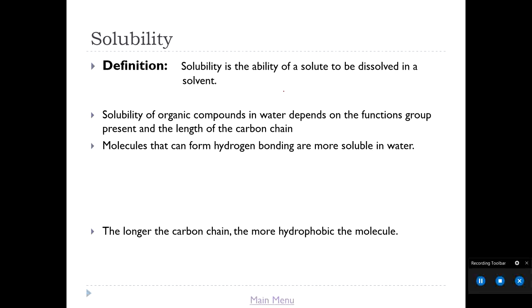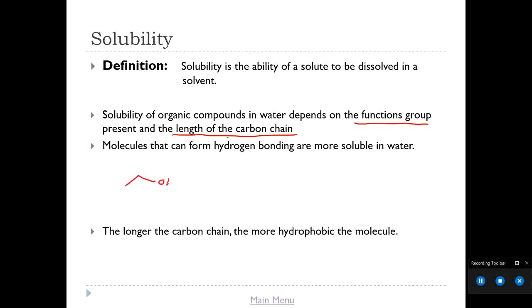The solubility of organic compounds in water depends on two important factors. One is the functional group that's present, and one is the length of the carbon chain. With the functional groups, any molecules that can form hydrogen bonding are more soluble in water. For example, ethanol.